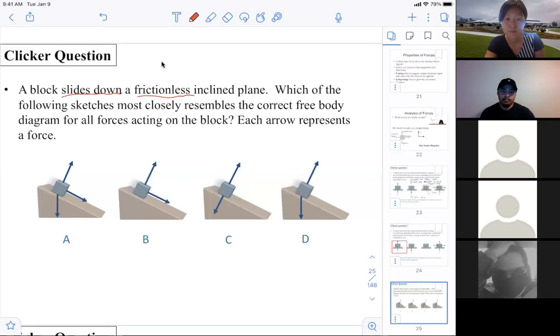So part of that gravitational force is actually the reason why it's moving downwards, because it's at an angle. So part of the gravitational force is moving parallel to the normal force, and part of it is actually moving it down the ramp. So that's what I think. So I think it's D.